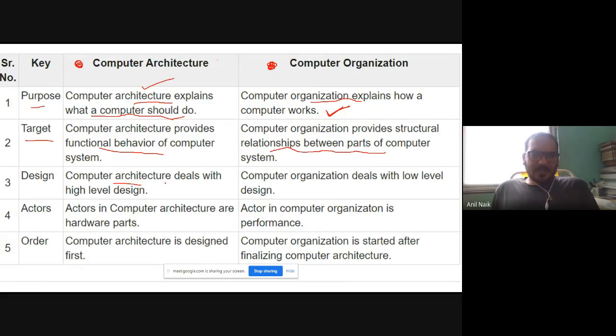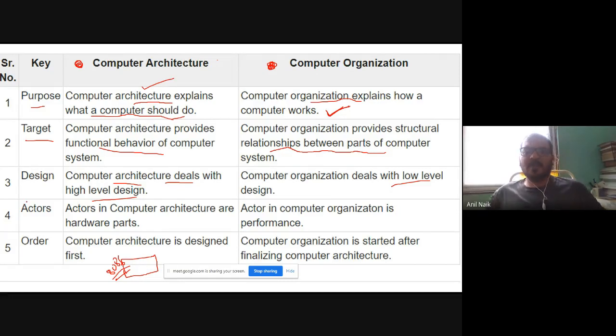Computer architecture deals with higher level design, and organization is lower level design. Higher level design is like the architecture of a house, or the architecture of the 8086 processor block diagram. I think you remember the block diagram of the 8086 and 8085 microprocessors.